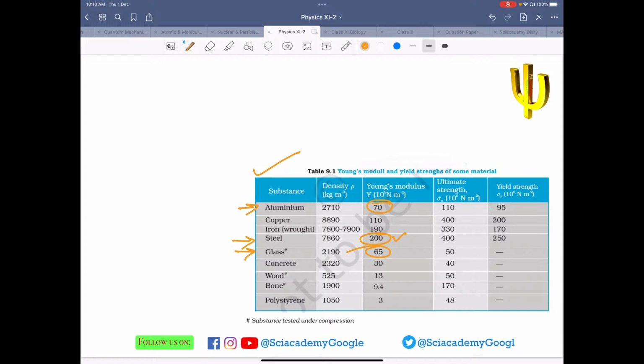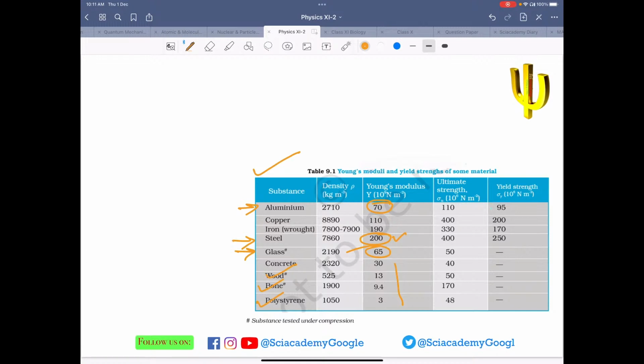Because of this reason, steel is preferred in heavy-duty machines and structural designs. Other materials such as wood, bone, polystyrene have small Young's modulus, as you can see here, and are used for other purposes. Before using any material, one must have the knowledge of the Young's modulus.